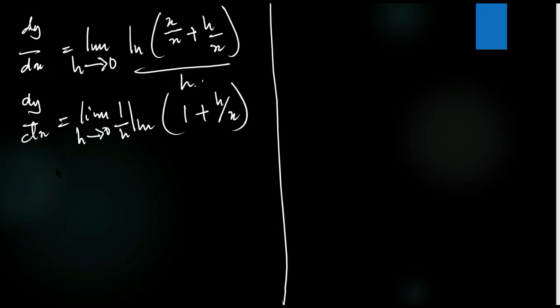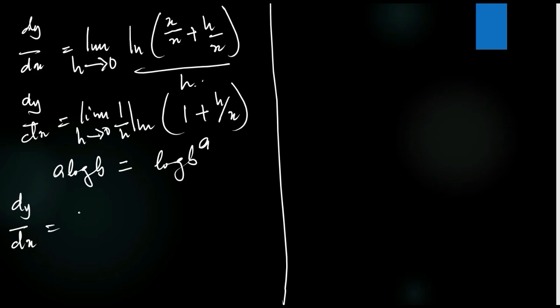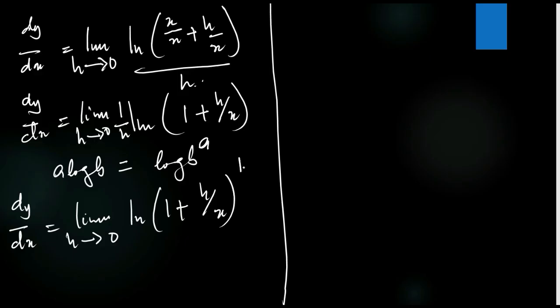Now remember again from logarithm that if I have a log b, I can easily write this as log of b raised to the power of a. So I'll rewrite my dy/dx in this form: the limit as h tends to 0 of ln of 1 plus h over x, everything raised to the power 1 over h.